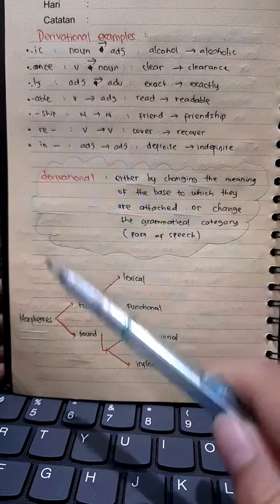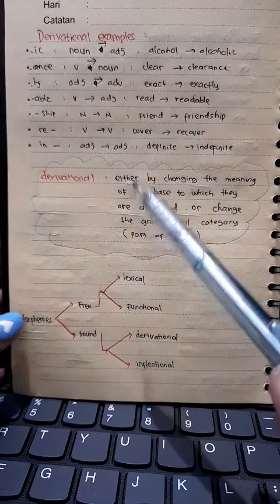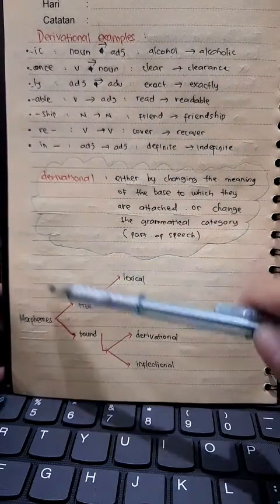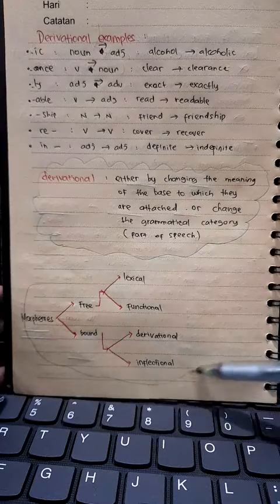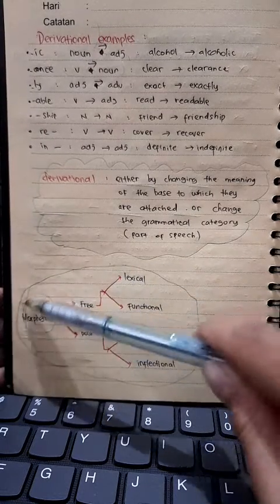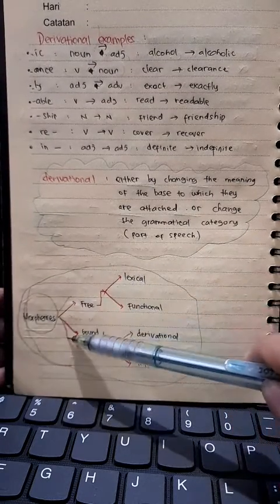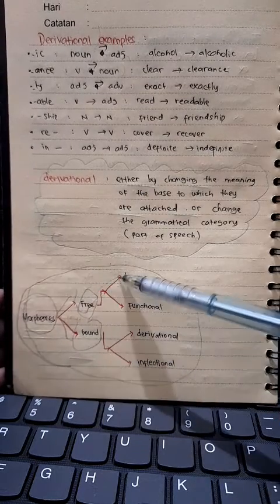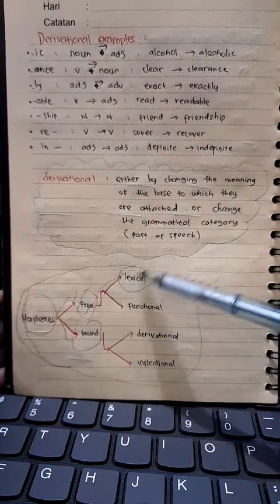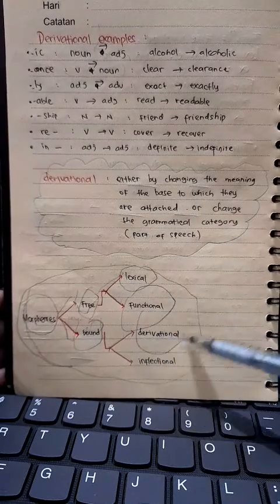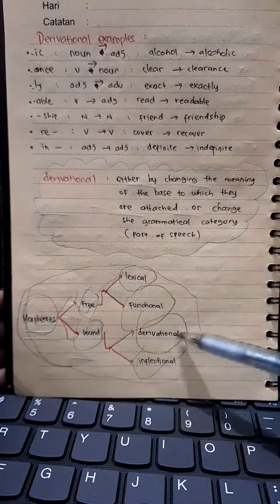But before I explain inflectional, I would like to explain more about the derivational morpheme. And here is the diagram of morphemes. Morphemes are divided into two types, free and bound. Free is divided into two parts, lexical and functional, and bound is split into two parts, derivational and inflectional.